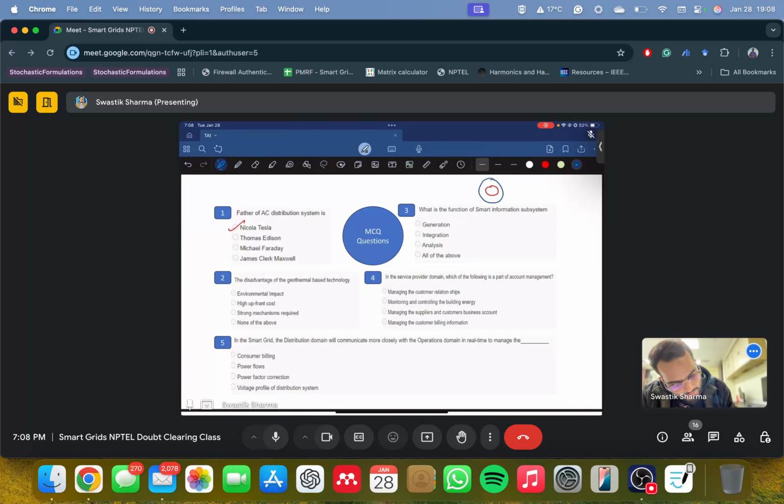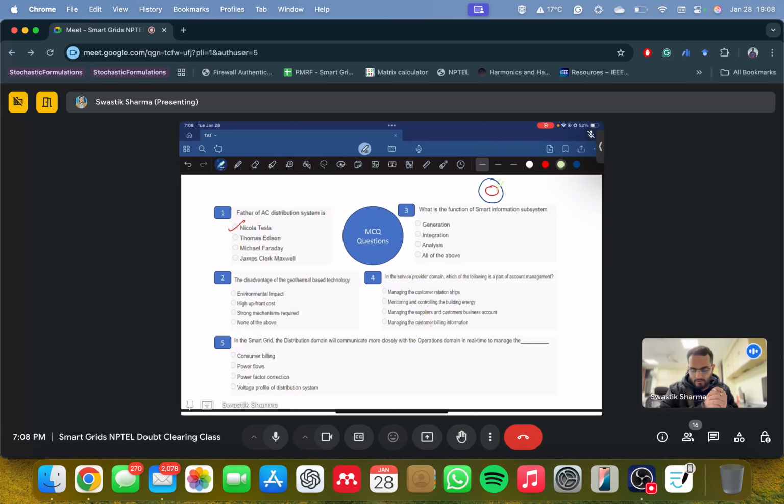When we dig deep, we can get thermal power out of it, and we can use it just like any other thermal power plant to run turbines. And this is what a geothermal based technology looks like.